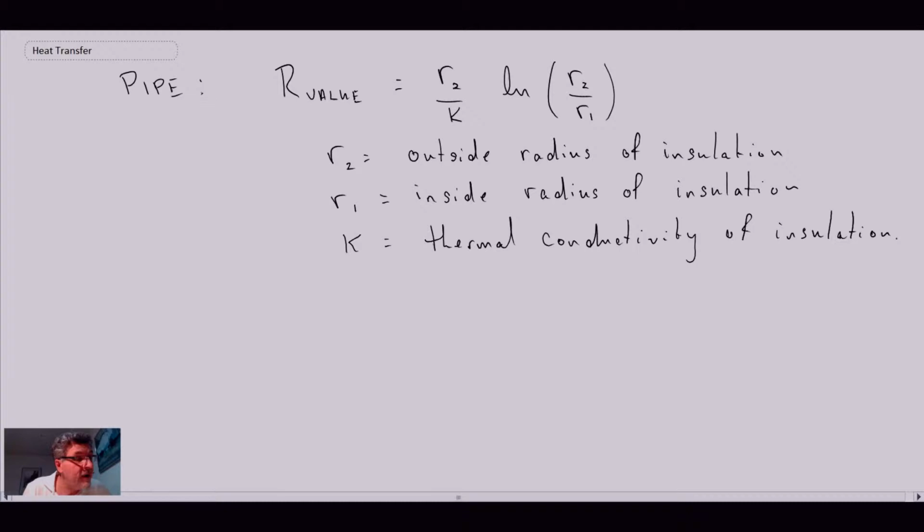Now, if you go to any hardware store, Home Depot, Lowe's, any of those, the R values that are reported there are not in SI, and so we need to be able to convert that.